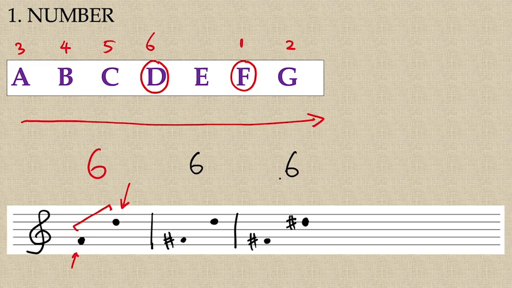Again, we ignore the sharps on the F and the D. We only worry about the letters itself. All of these intervals would be a 6.